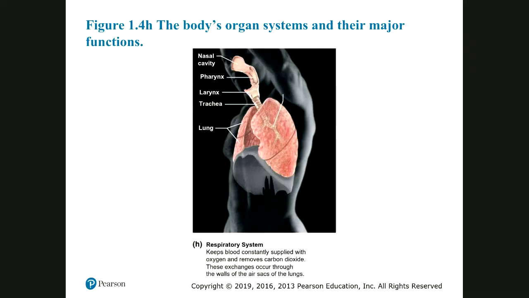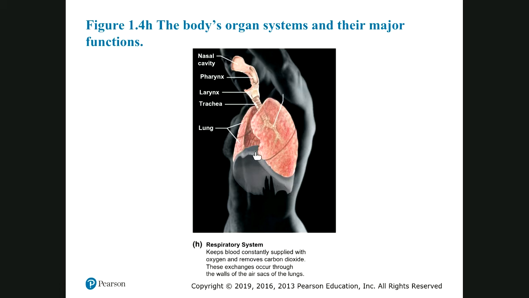Then we have our respiratory system, and you can see your nasal cavity, your nose, your pharynx, which is the throat, the larynx, which is your voice box, your trachea, which is your windpipe, and then the actual two lungs. We have a right lung and a left lung. The diaphragm, this dome-shaped muscle here, is also part of our respiratory system.